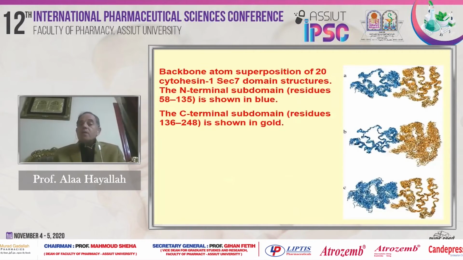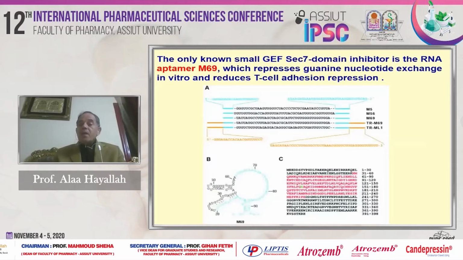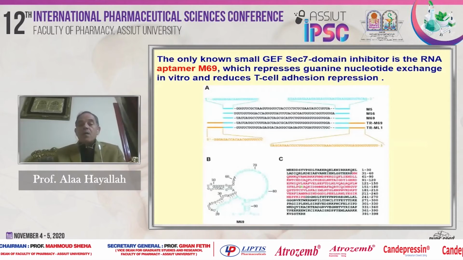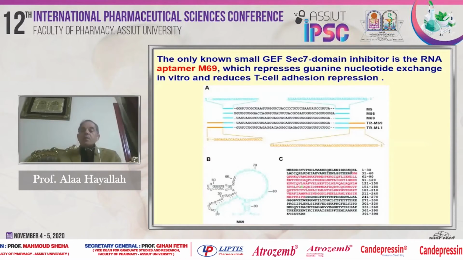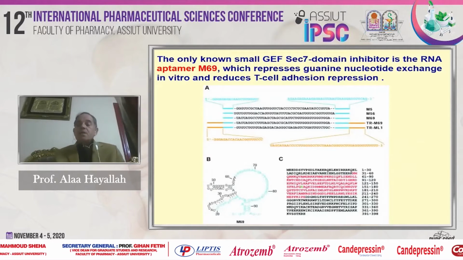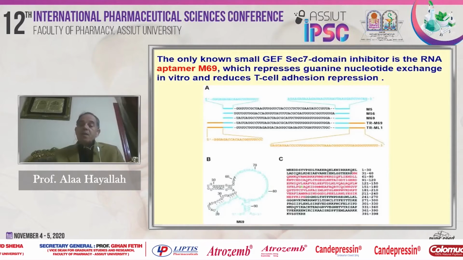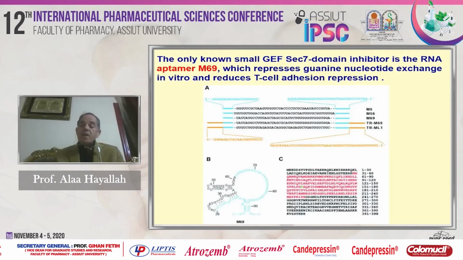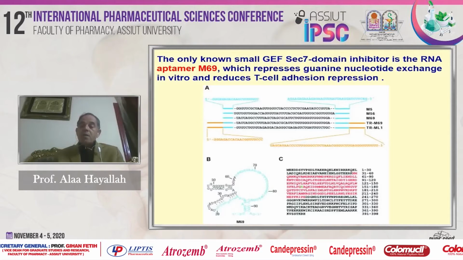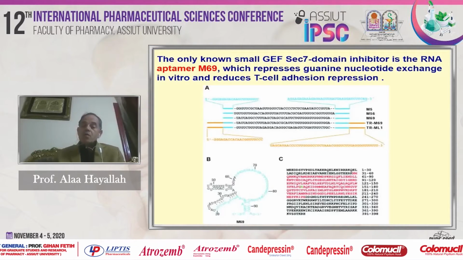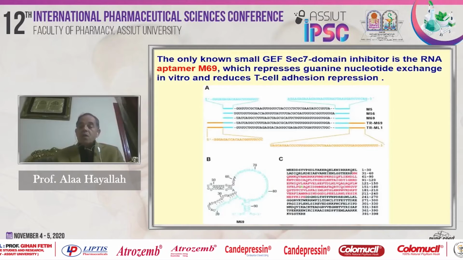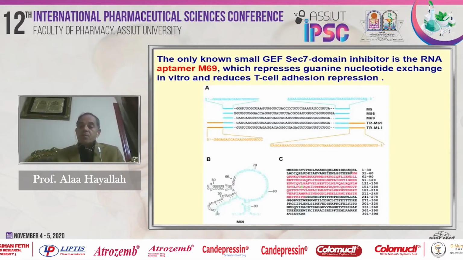The only small GEF Sec7 domain inhibitor reported is an RNA aptamer. Some people look at the title when we say small molecules, and if we look at our molecules, they are not actually that small.